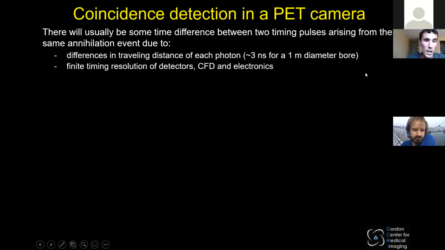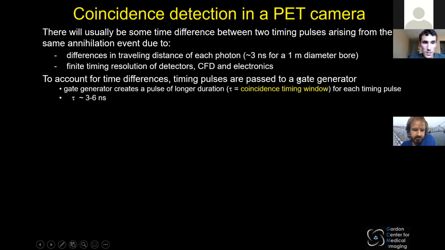Okay, and of course all the steps here can introduce some errors by the CFD, the electronics, etc. So on top of that you have another potential source of error in the time pickoff due to the finite timing resolution of the detector, CFD, etc. Okay. So the way to handle that is that the PET scanner is going to pass those timing pulses to what we call a gate generator.